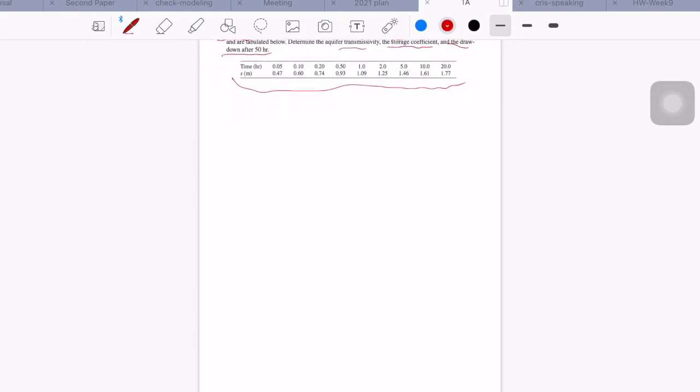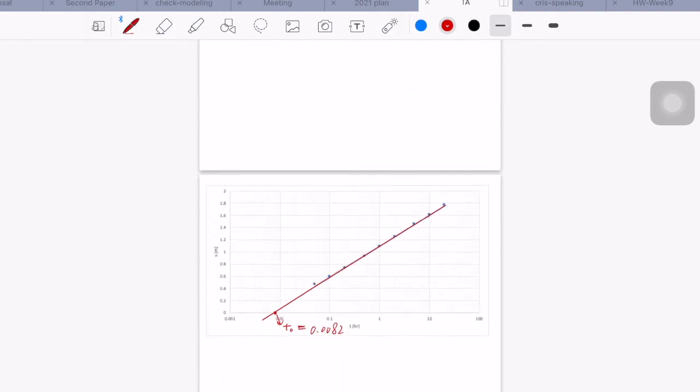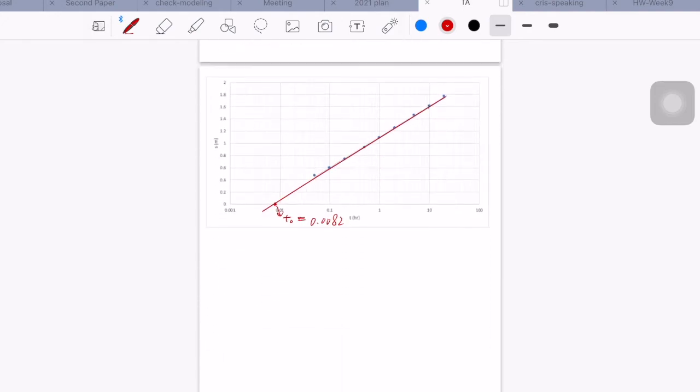So we can use this table to create a figure like this one. And then we pick t equals 1 hour and t equals 10 hours. So we know this is delta log t, so it is 1, and we know this is delta s.